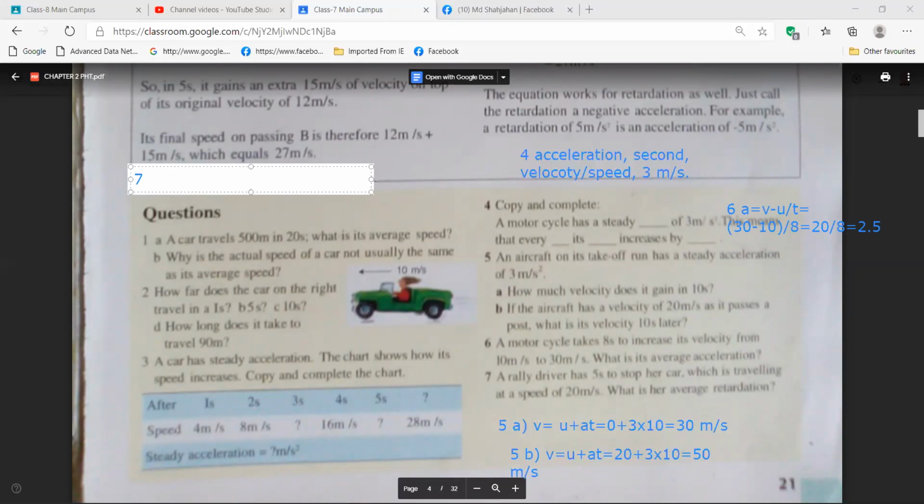What is the formula? Average acceleration is equal to V minus U by T. So what is our V here?